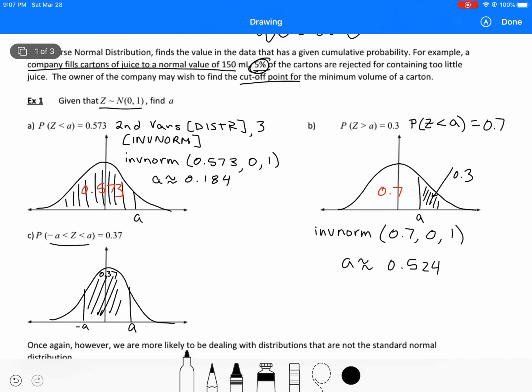But we need to figure out the probability that Z is less than A, because that's the only statement that our inverse normal function is able to work with. So how do we find that out?